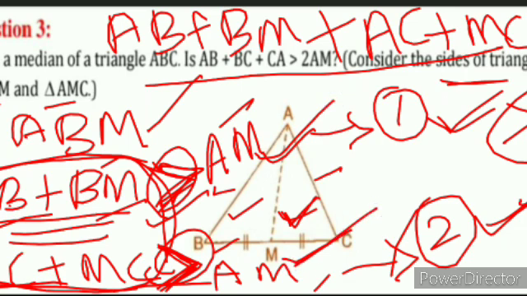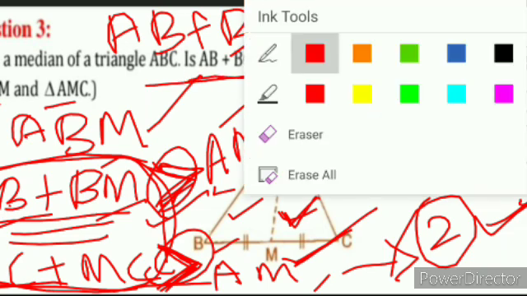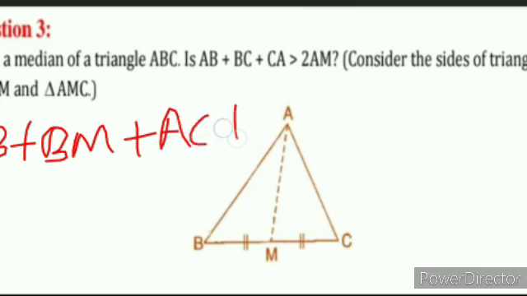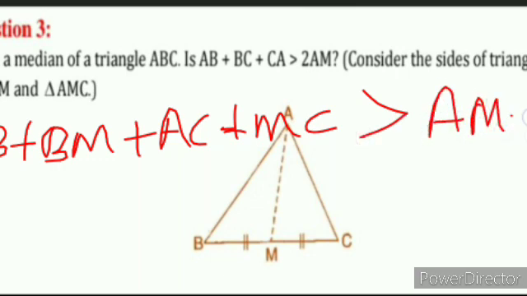So AM plus AM. That is the last condition: AB plus BM plus AC plus MC is greater than AM plus AM. This is the right hand side, and this is the left hand side of the 2 conditions.